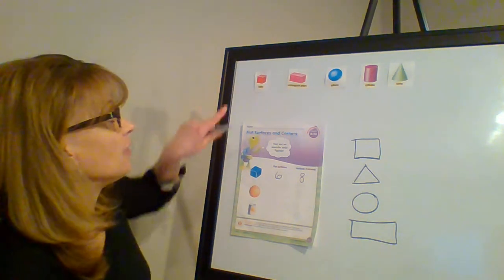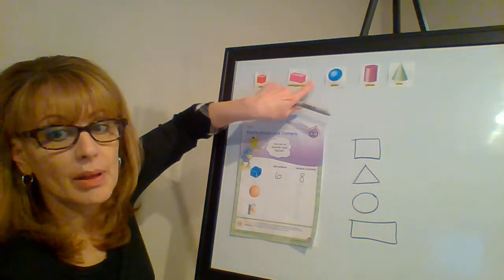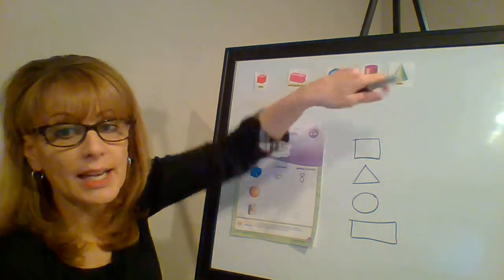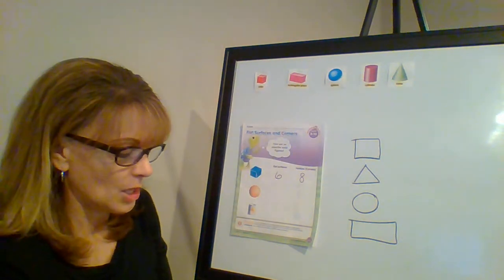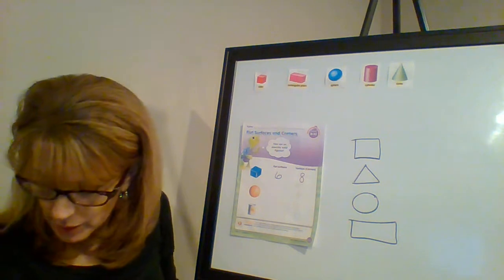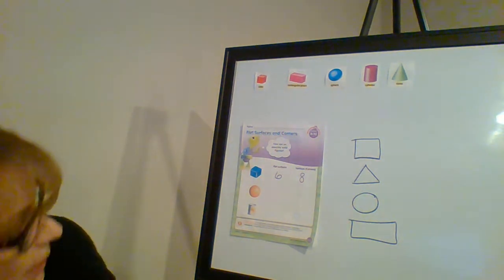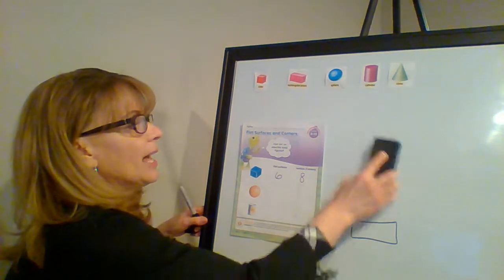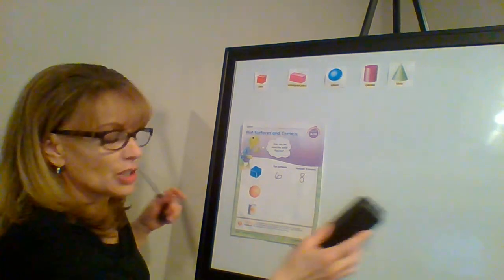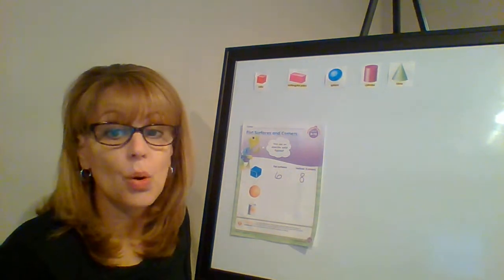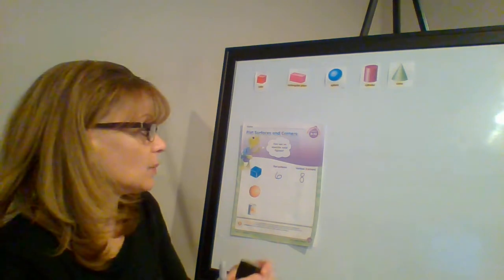But the solid figures have depth and they actually take up space. So today, when we look at our solid figures, we're going to look at how many flat surfaces and how many corners or vertices we have.